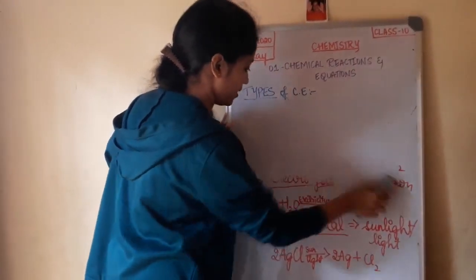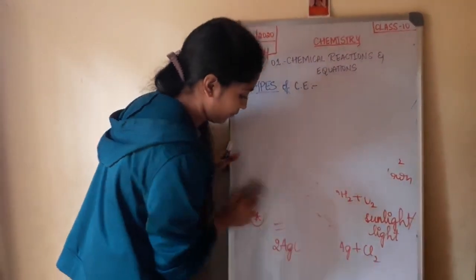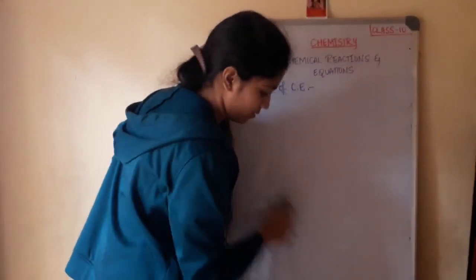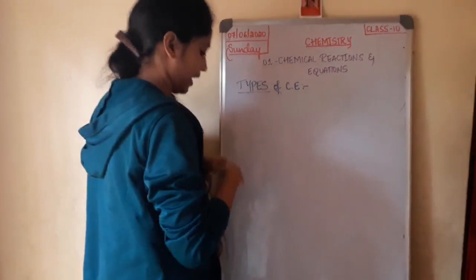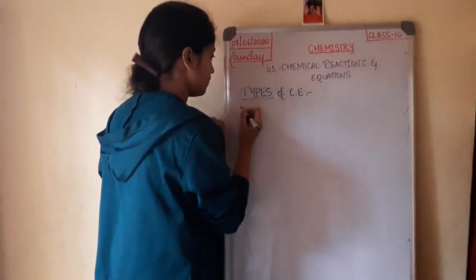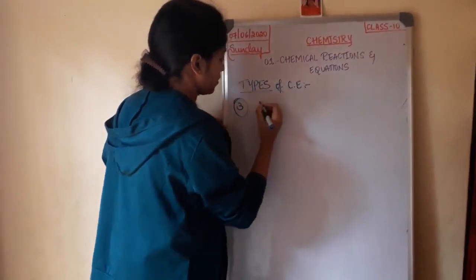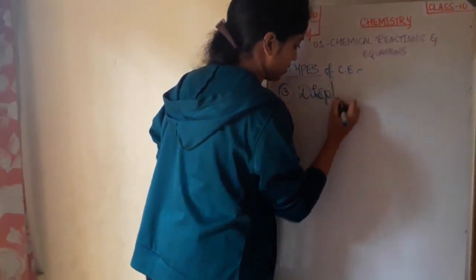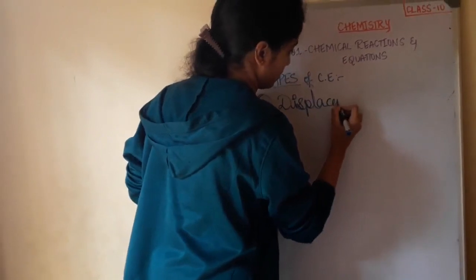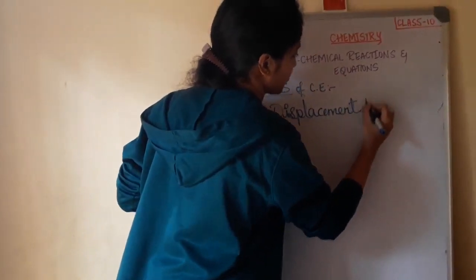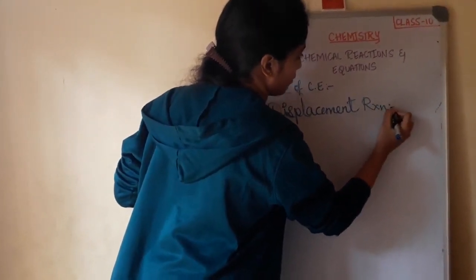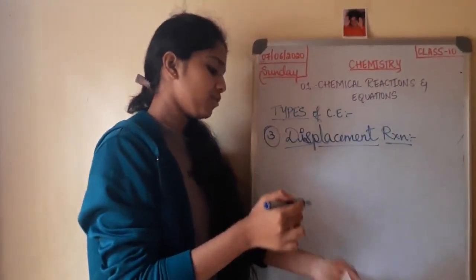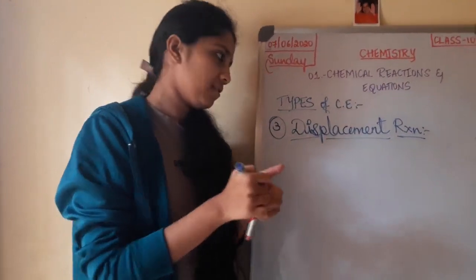Now, the third type of chemical reaction is the displacement reaction. What do you understand by displacement?